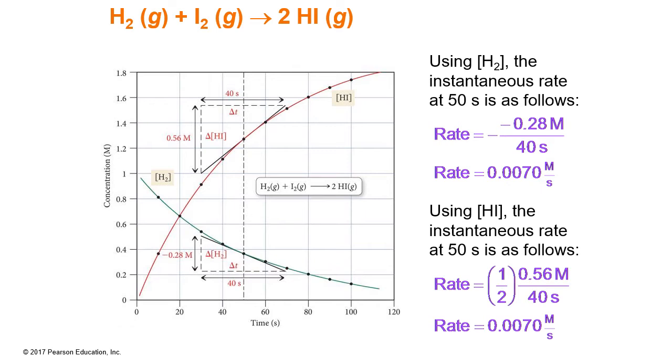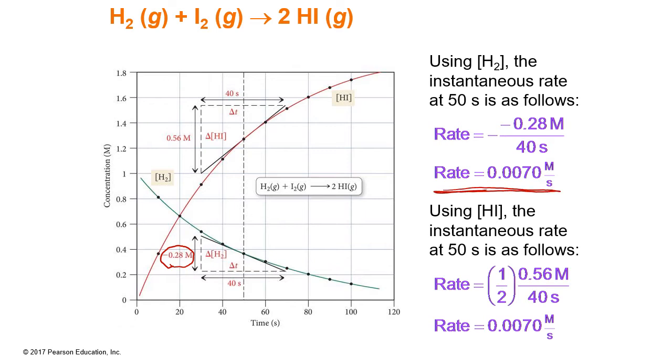So if we look at hydrogen and find its instantaneous rate, if we're looking at 50 seconds, we're looking at the change in concentration. It's decreasing in concentration because it's being used up. We look at the time. So again, we're drawing that tangent to the curve. Our change in time is 40 seconds.